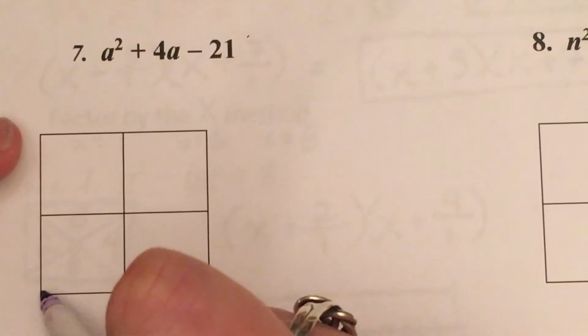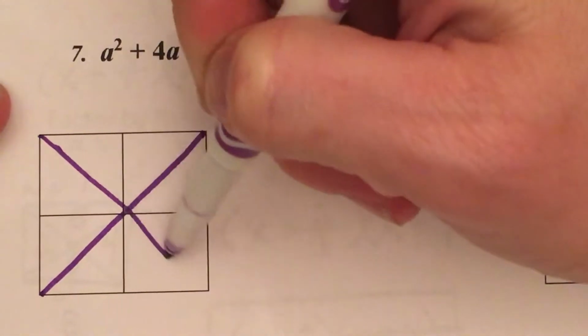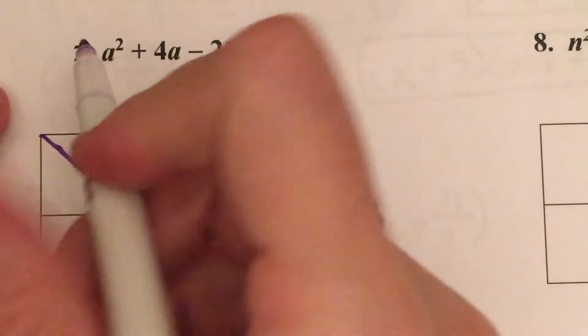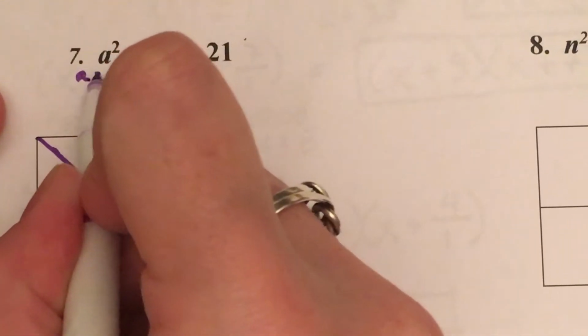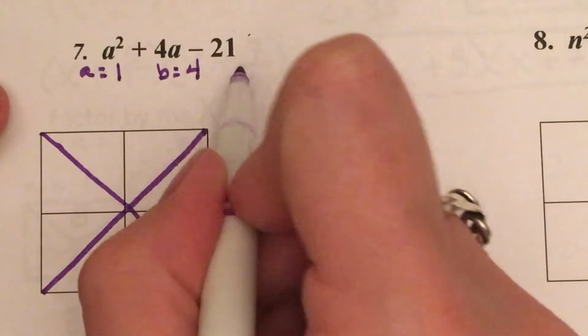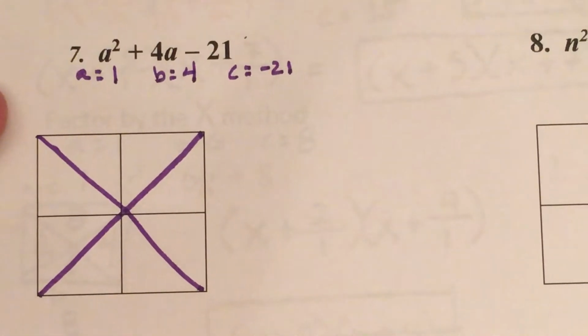So again, we're going to send a giant X through this box because it's really not my favorite. And let's label A, B, and C. A is 1, B is 4, C is negative 21.